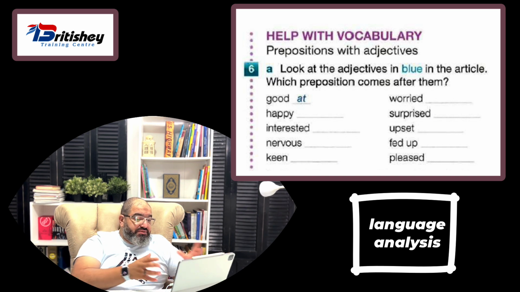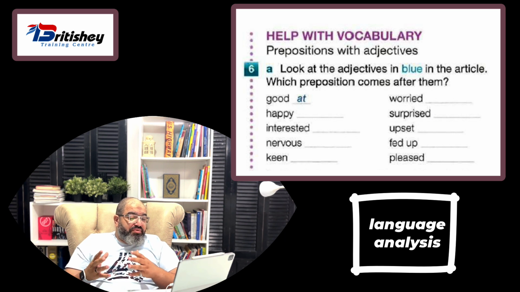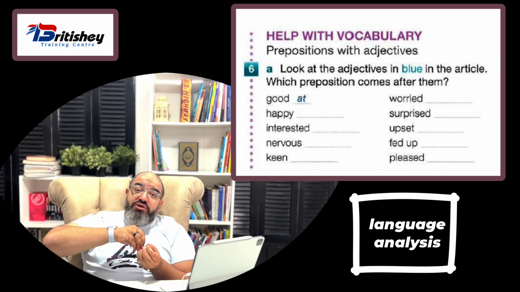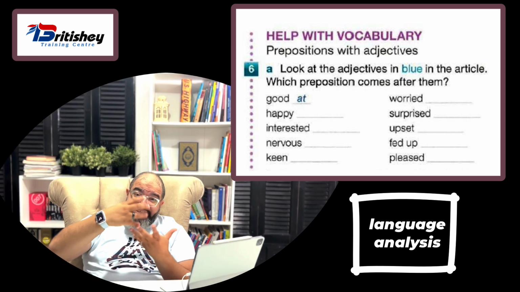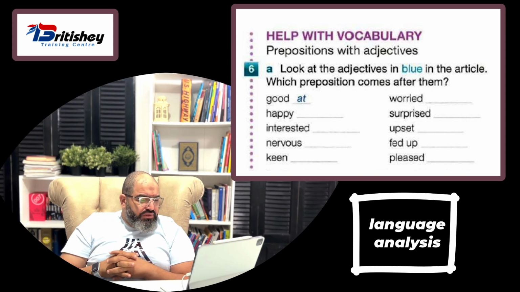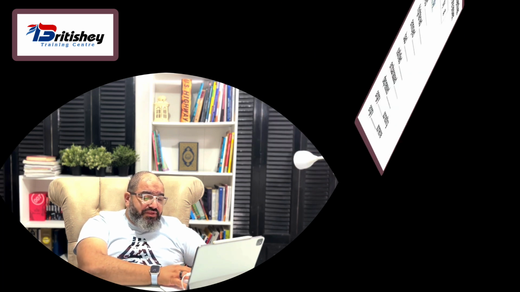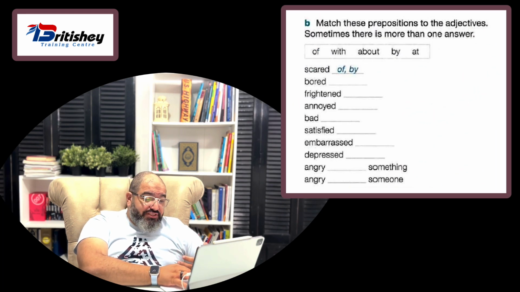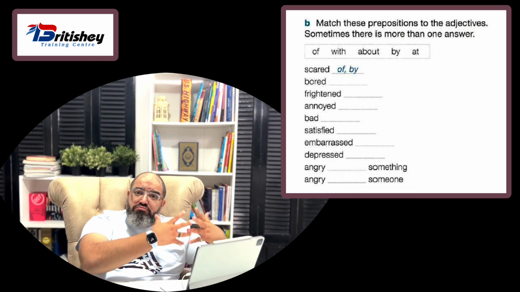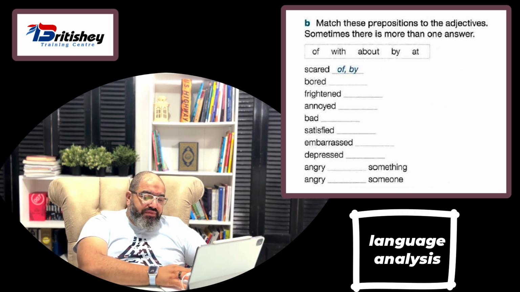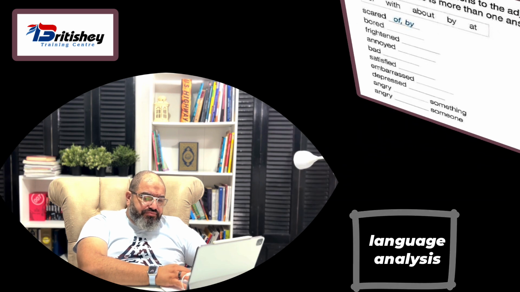Which prepositions come after them? Wonderful, focusing on important linguistic features in the text. And then in B, match these prepositions to the adjectives. Sometimes there is more than one answer. Good, more language analysis.